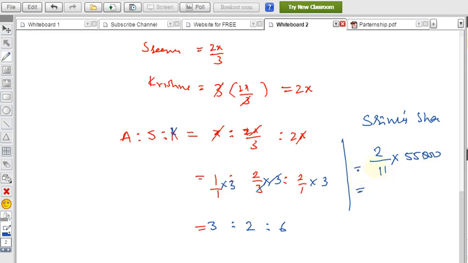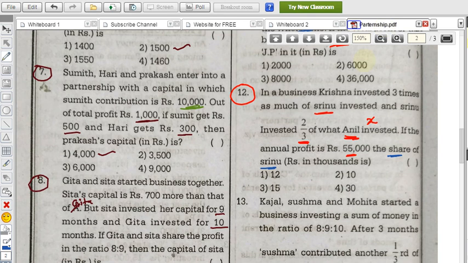Then you can simplify this. 11 5s are 55, so 5,000 into 2 is 10,000. That is the share of Srinu from the total profit. 10,000, and in thousands they asked, so this is 10.